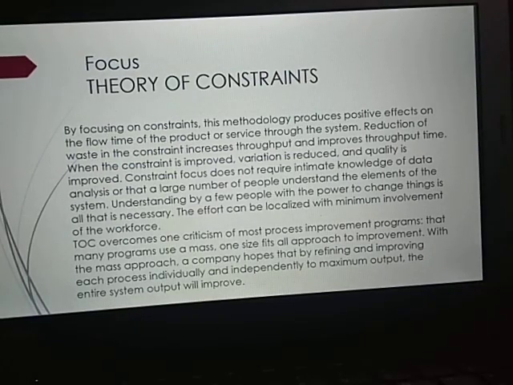Focus of theory of constraints: by focusing on constraints, this methodology produces positive effects on the flow time of the product or service throughout the system. Reduction of waiting in the constraint increases throughput and improves throughput time. When the constraint is improved, variation is reduced and quality is improved.